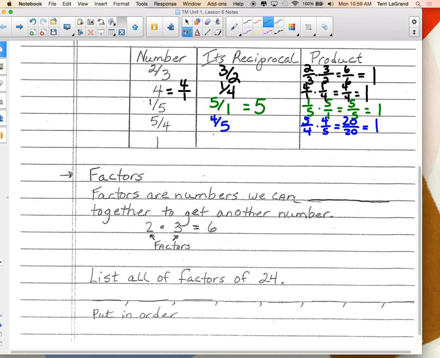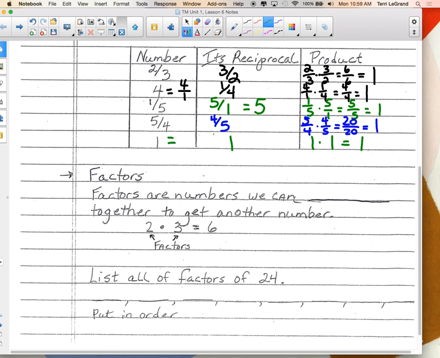Okay, what do you think the reciprocal of 1 is? 1? Well, if it is, then what should happen when we multiply 1 by its reciprocal of 1? We should get 1. Do we? Yeah. So, how does that work? I could write 1 as a fraction.